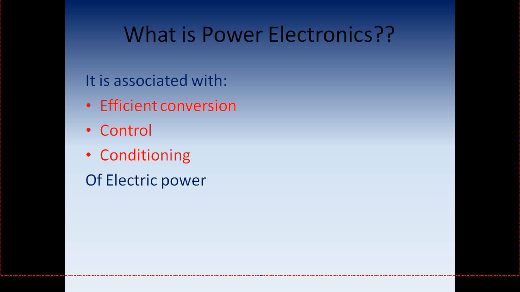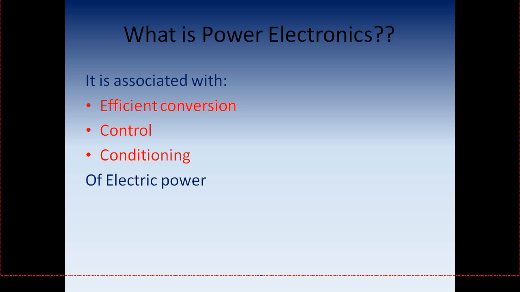If you're an electrical student, you would know that we have a variety of motors: induction motor, the DC motor, the synchronous motor, stepper motors, and nowadays brushless DC motors. And all of these require control, and control is possible only through power electronic devices.